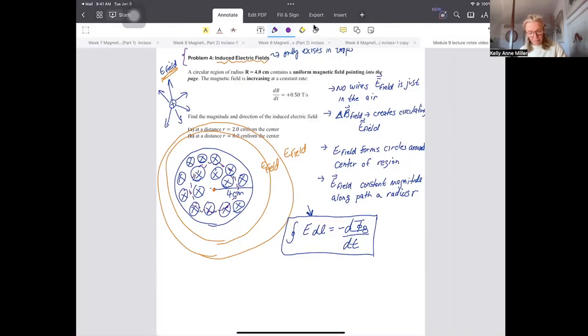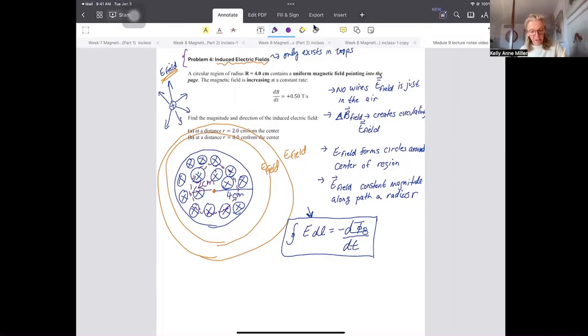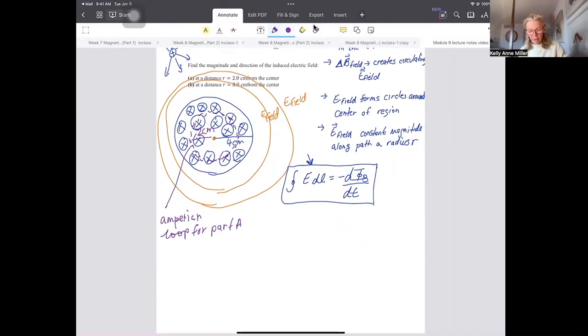That's going to be 2 centimeters. So this is basically the Amperian loop for part A, and that distance is r equals 2 centimeters.